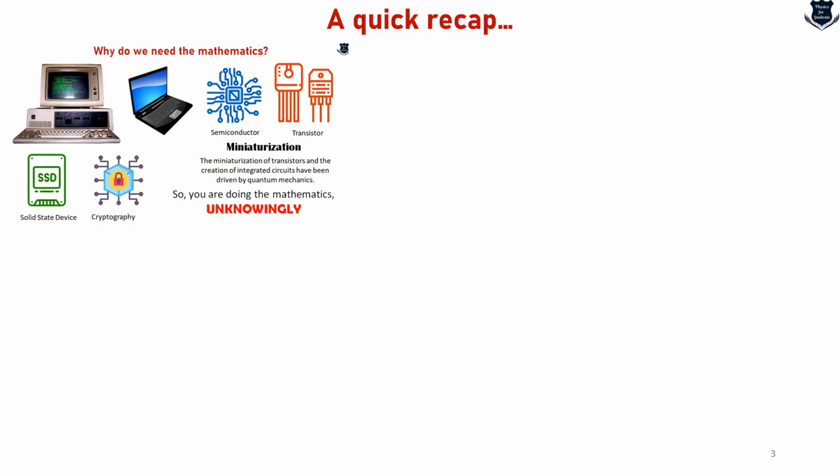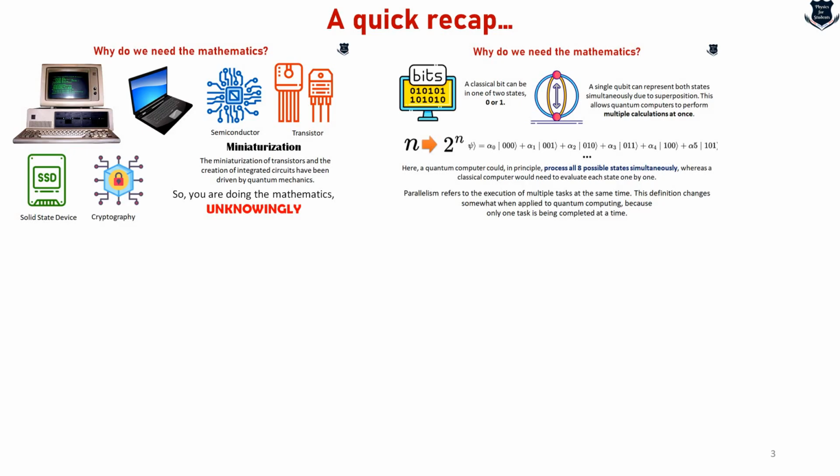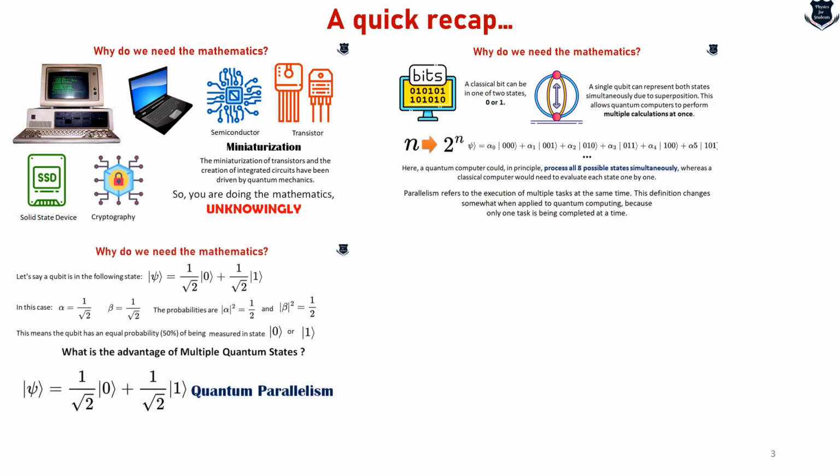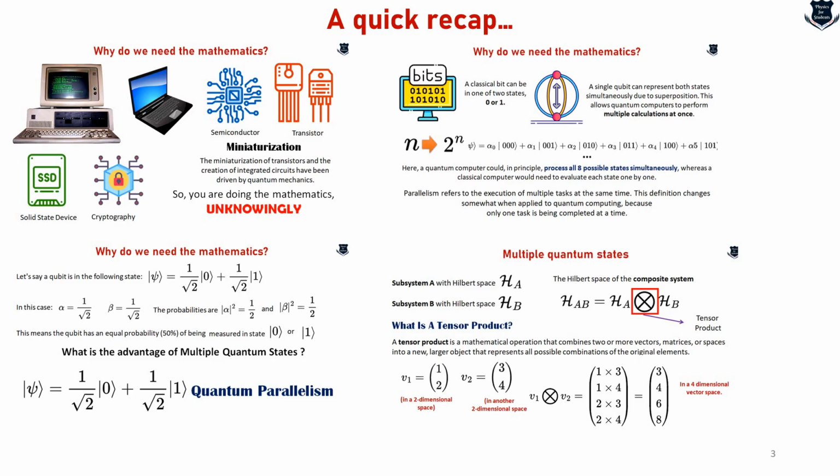Whether you know it or not, you are actually doing the mathematics unknowingly. We looked into what are called qubits, we looked into what is called a 2^n system, and how all the possible computations can be done in parallel, and this is called parallelism. So quantum parallelism is also what we looked into, and we saw how we use multiple quantum states using something called a tensor product, turning one vector into another, and definitely we are going to look deeper into that.